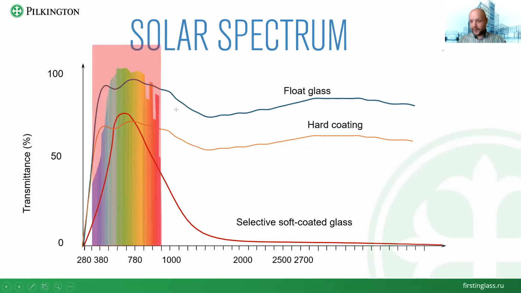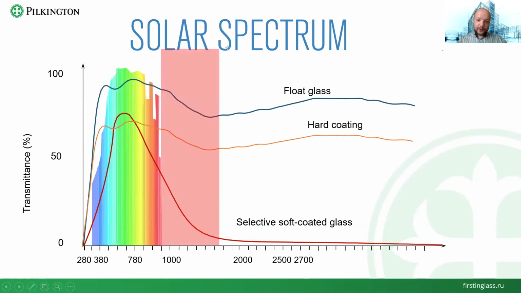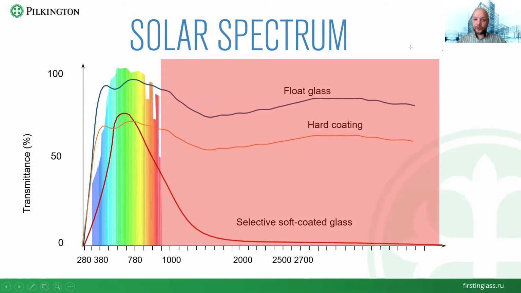This is visible light, which we can see, and light transmission belongs to this part of the spectrum. But after that, we have the infrared, shortwave infrared spectrum, which is exactly what it's called. This is the solar heat, which we do not see, but which contributes quite heavily to heating our building up.